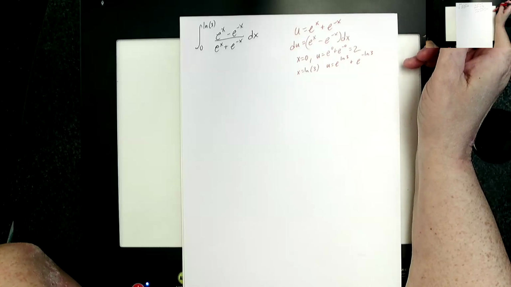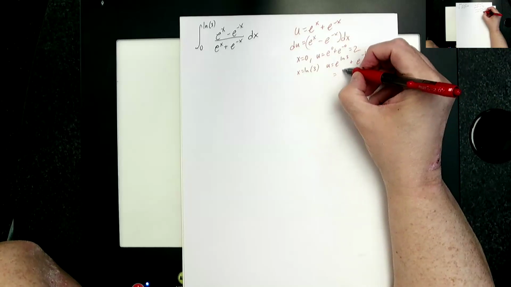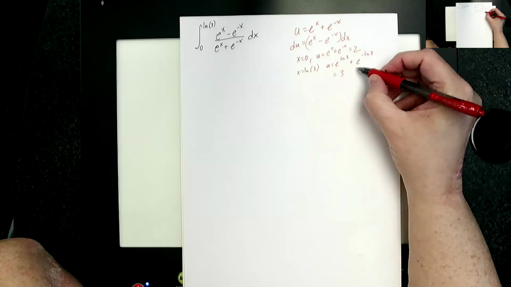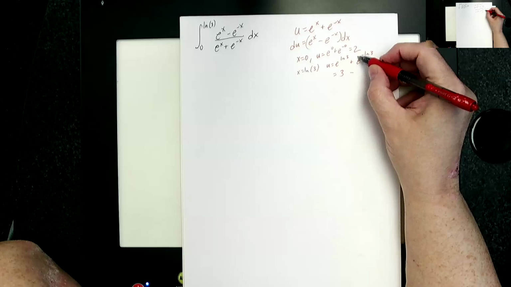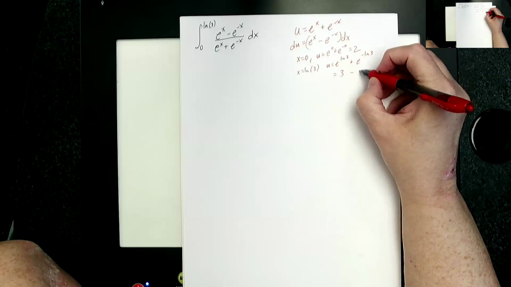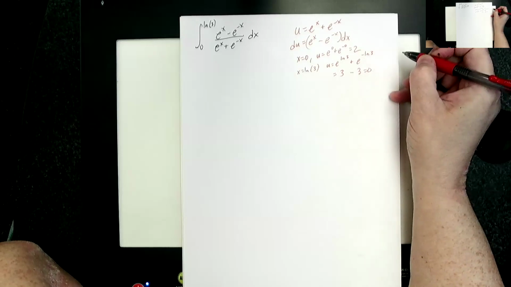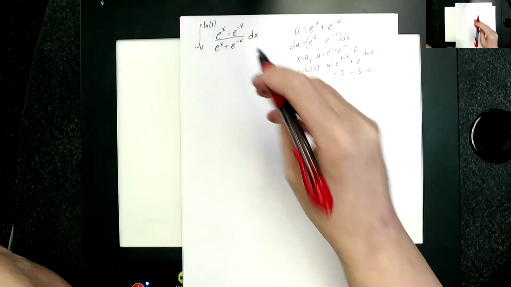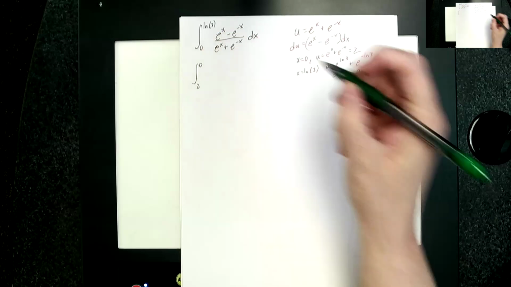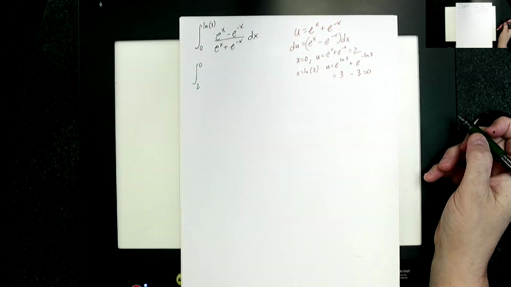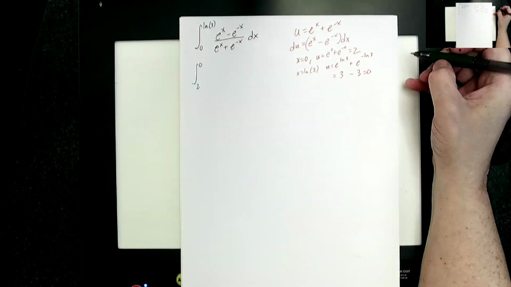What do we get? What is this one? That's 3. What about this one? That one ends up being minus 3. We can pull the minus down first and then the ln. So 0. So our limits switch to 2 to 0.